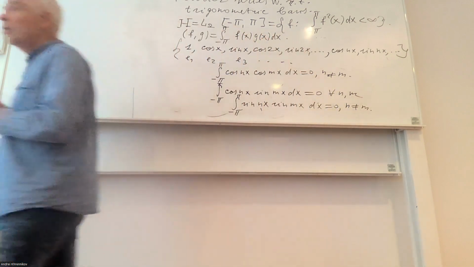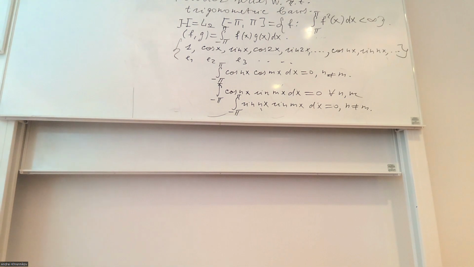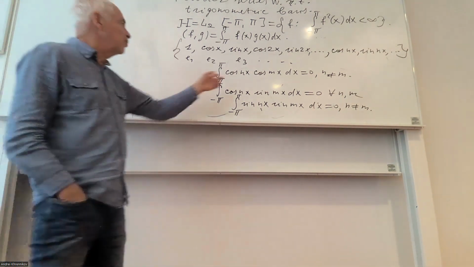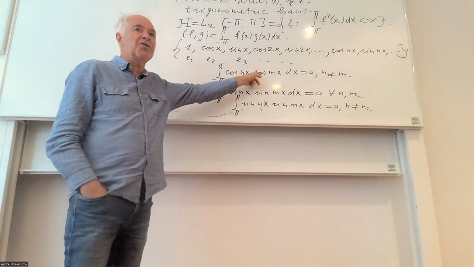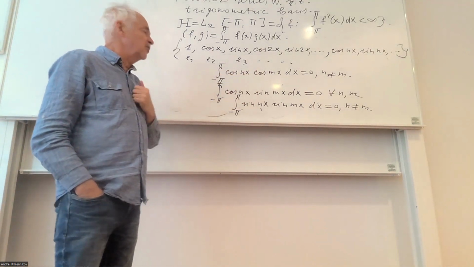So these are usual integrals which you studied in the course of analysis. And to calculate them, you should remember the formula for the product of cosines and the product of sines.